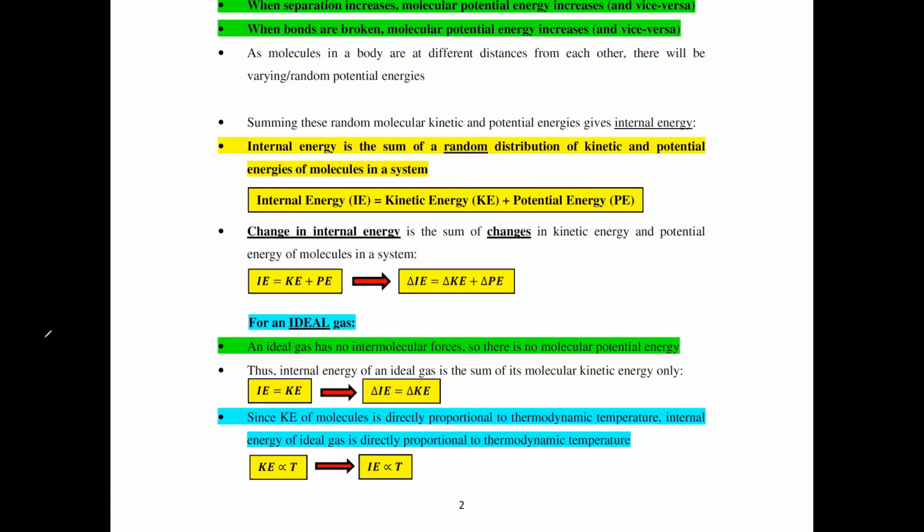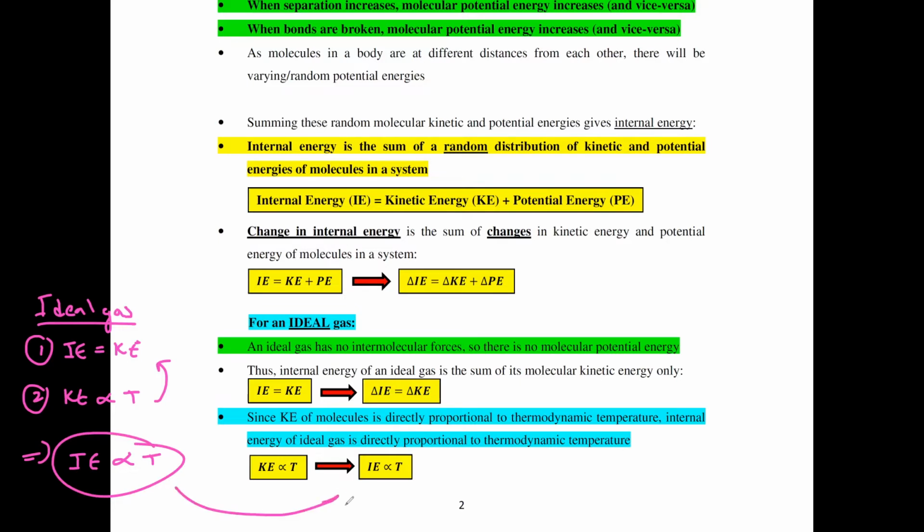So here, if you look at this one, just now it was mentioned that IE is equal to Ke. This is for an ideal gas. Okay, and then we also know that Ke is proportional to temperature. So if I sub it inside here, related with the first equation, this would mean that internal energy is proportional to temperature, which is this one.